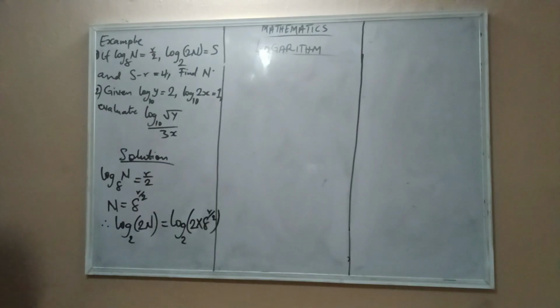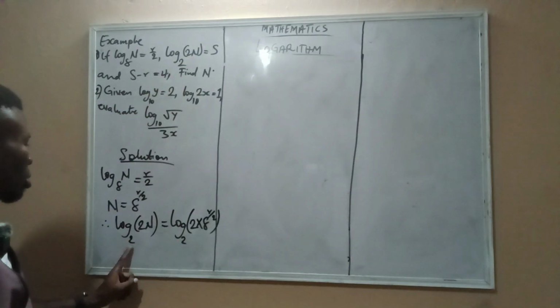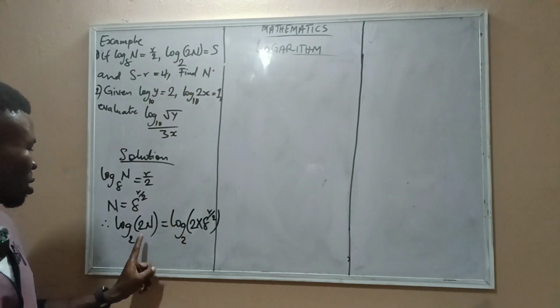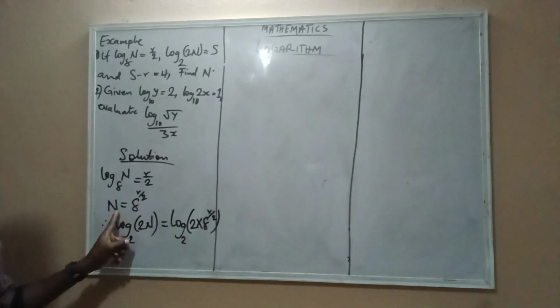And from the second expression, we are told that log to the base 2 of 2n equals s. But we just expressed log to the base 2 of 2n in another form, since n equals this one.